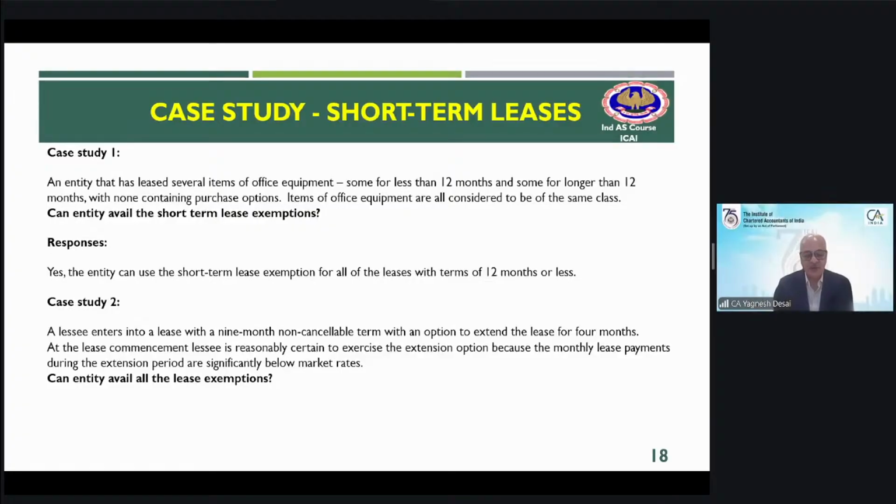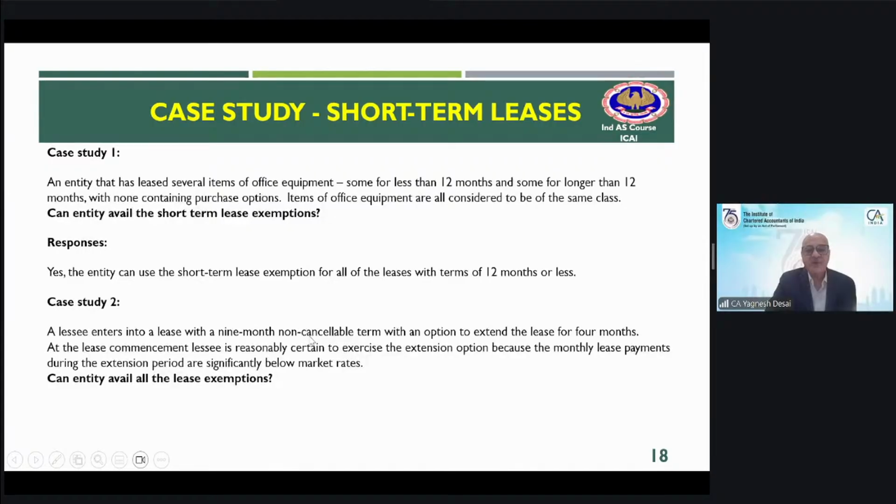What were the conditions for low value leases? The items should not be interdependent or integrated with other assets. If they were, it would not have qualified as a low value asset. The entity can use the short-term lease exemption because the lease terms are 12 months or less, and there is no purchase option or renewal.